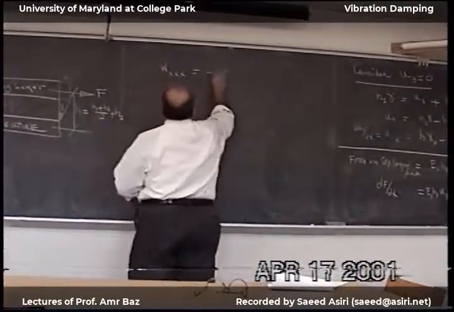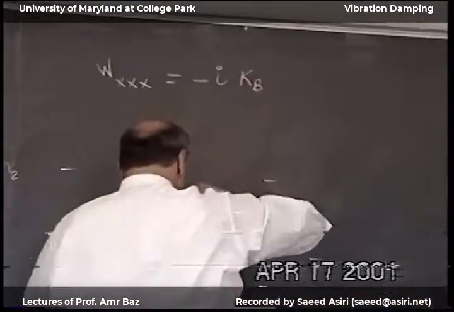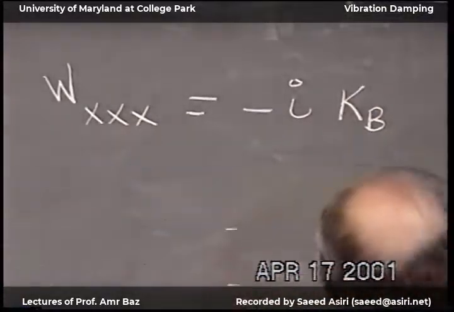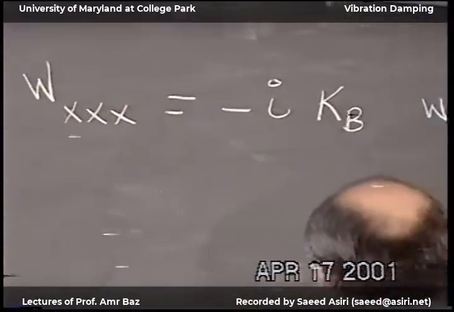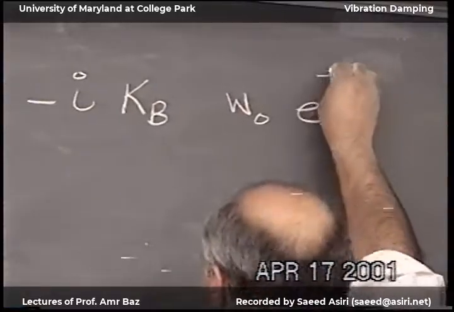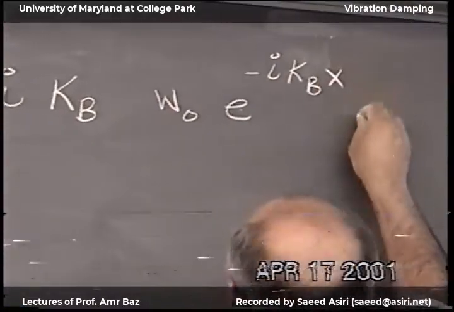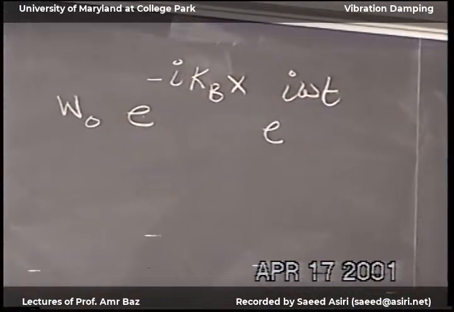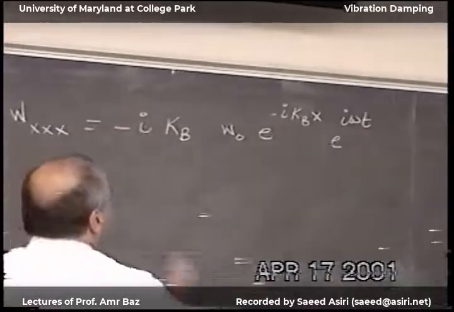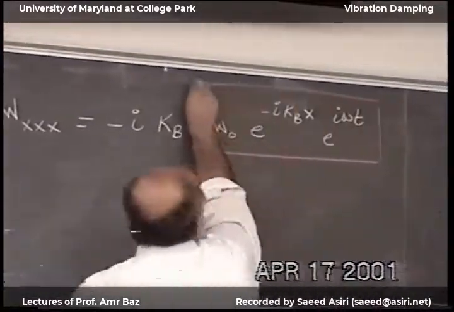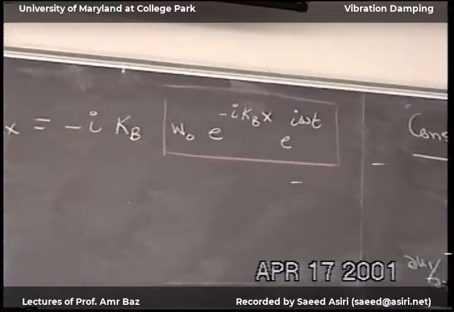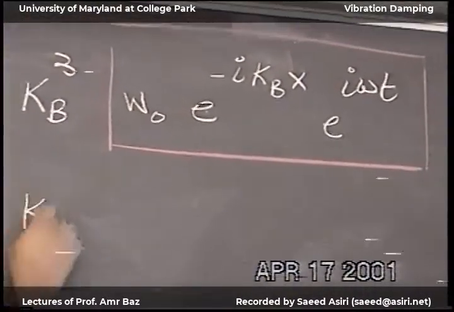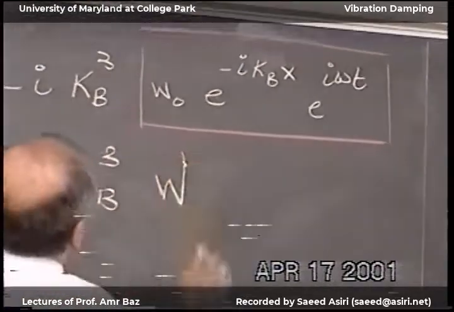So we'll have minus i k_B, and I'm going to leave k_B as it is, a complex number, times W0 e to the minus i k_B x e to the i omega t. Of course, this last term is the original W. So this will be equal to minus i k_B cubed W.